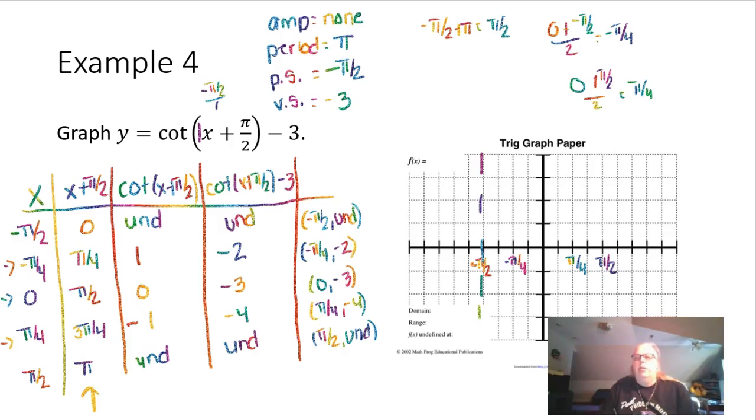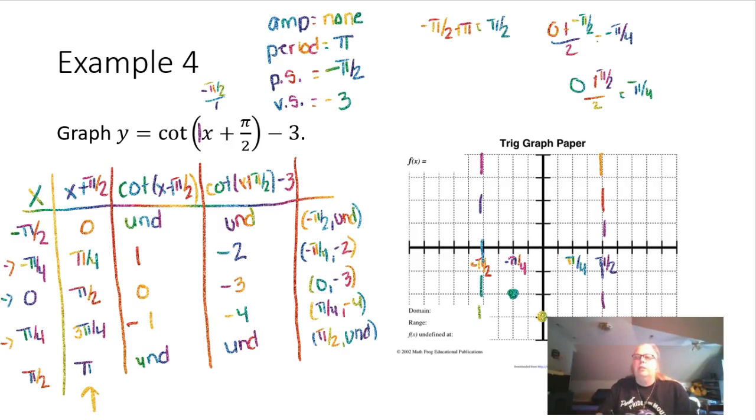Negative pi over 4 goes down to negative 2, that's going to put it right here. 0 puts us down at negative 3, that's going to be right here. Positive pi over 4 is going to take us to negative 4, and you guys aren't going to be able to see that point in there, but it is there. And then at pi over 2, undefined, so we have another asymptote on this side over here.